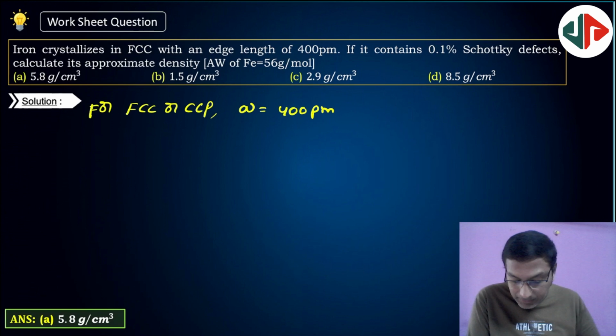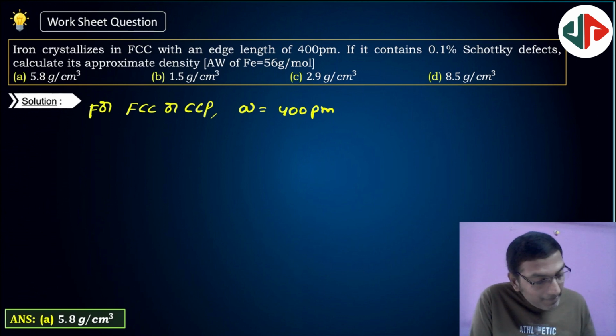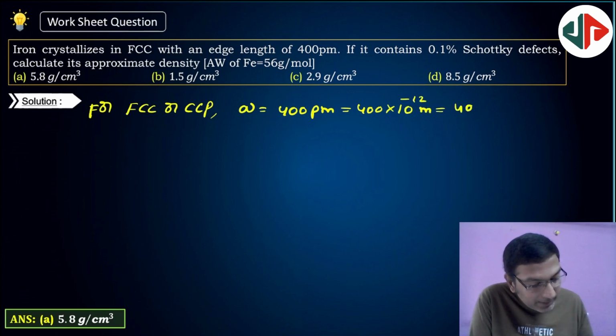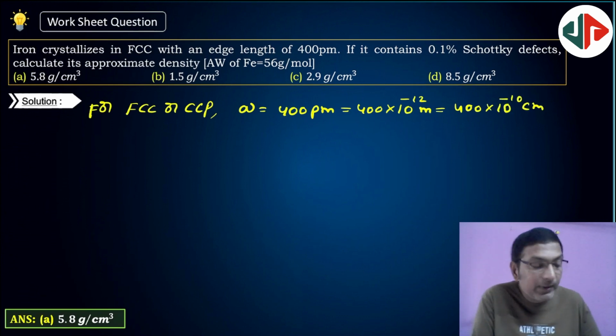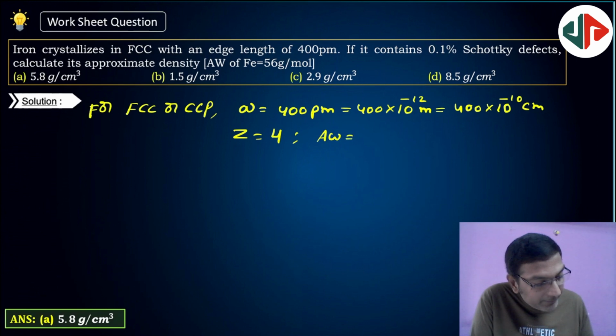So we can convert it into grams per centimeters cube, 400 into 10 power minus 10 centimeters. Next. So effective number of atoms Z equal to 4 for FCC. Z is 4. Next. Atomic weight is given 56.